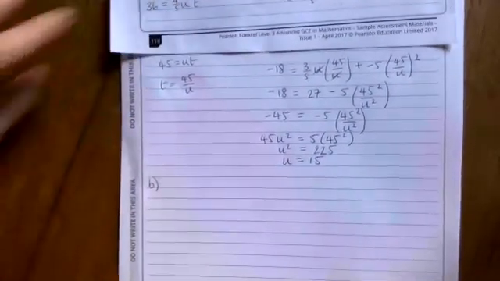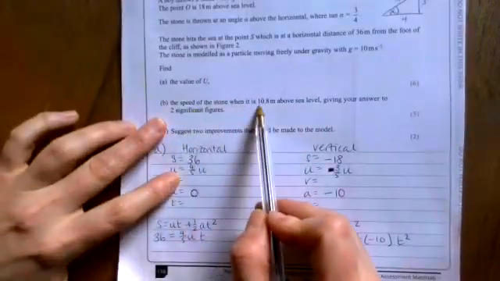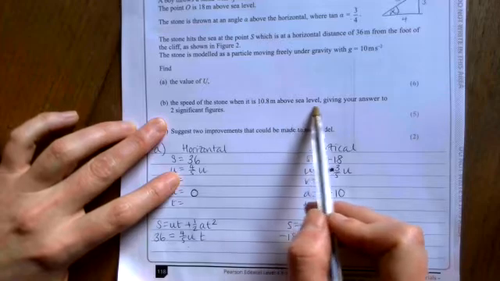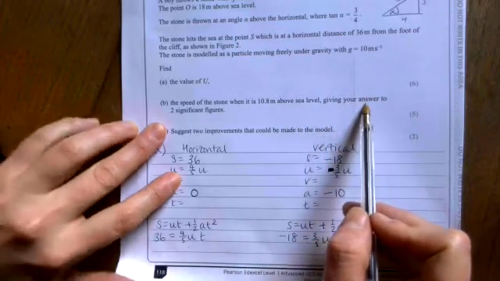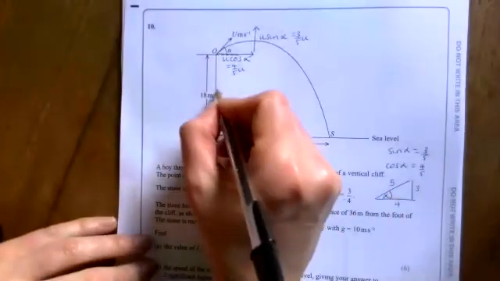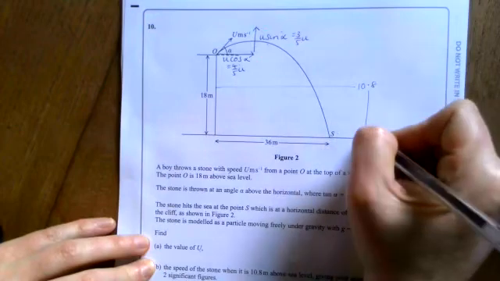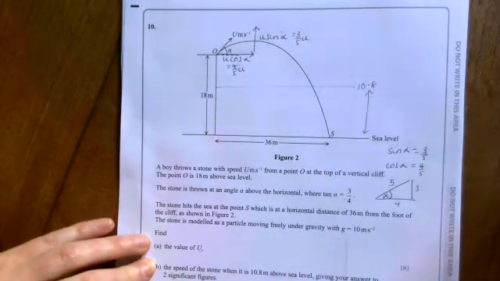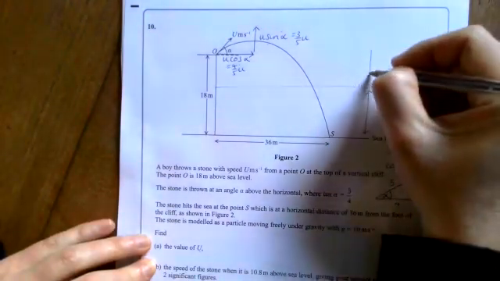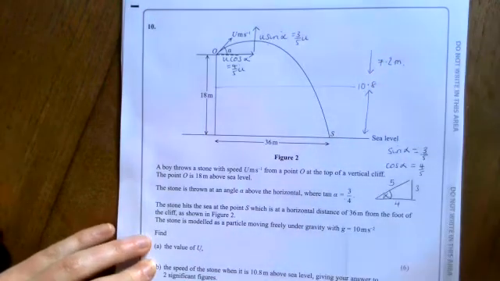Part B wants us to find the speed of the stone when it's 10.8 meters above sea level, giving your answer to two significant figures. So if it's 10.8 above sea level, that means that it's fallen 7.2 meters.